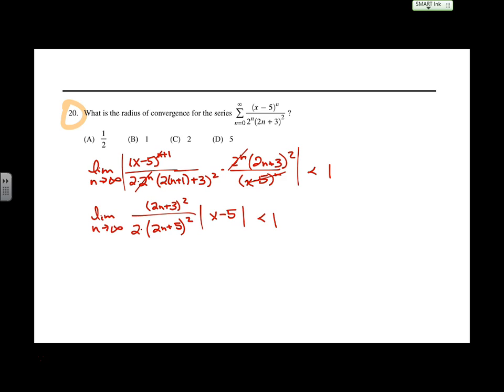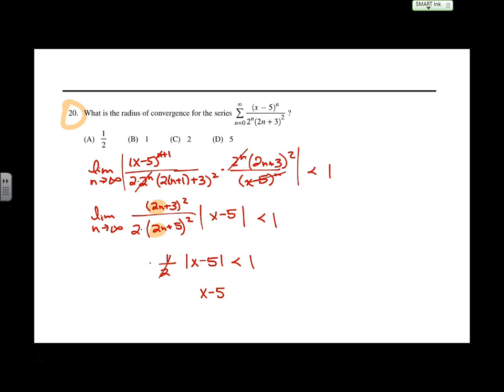And as Jordan was saying a second ago, take the limit. Guys, do you actually need to FOIL out these? No. Instead, you can figure out that the first term is going to be 4n squared over 4n squared, so they're going to be tied, except for what Jordan was saying earlier. At which point we can go ahead and do x minus 5.